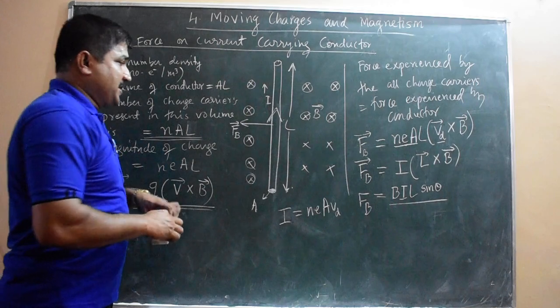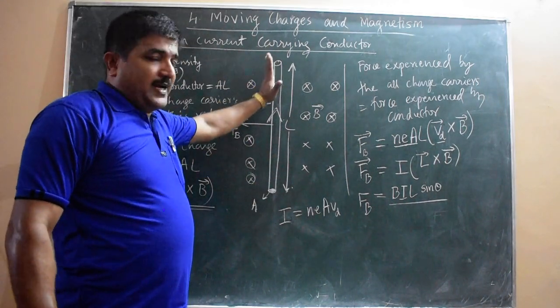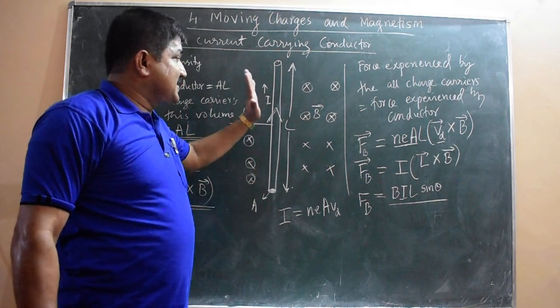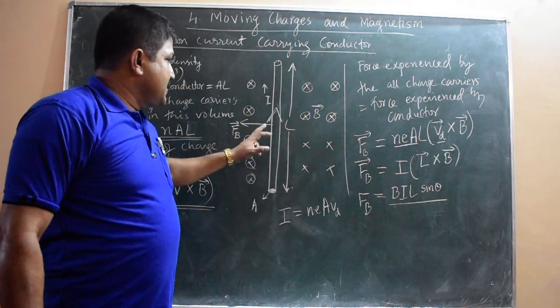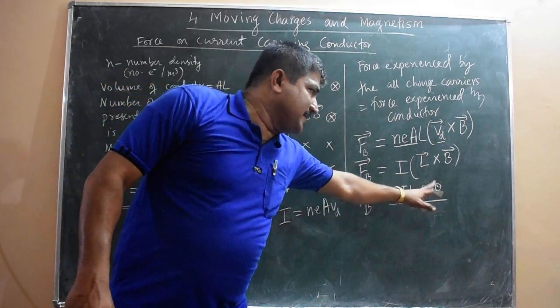So FB, the magnetic force on this current carrying conductor placed in a magnetic field B, has magnitude BIL sin theta.